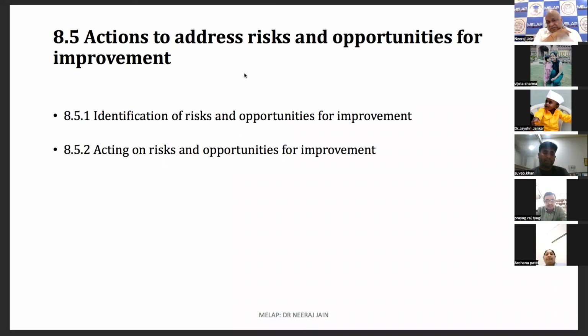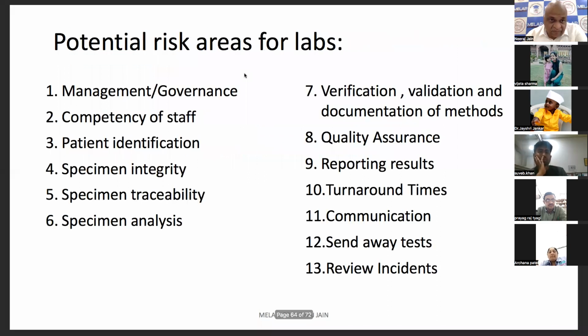We developed a process for risk management under clause 8.5, risk and opportunity. Here you are identifying risk and acting on the risk. There you develop the process, and here you are implementing it.